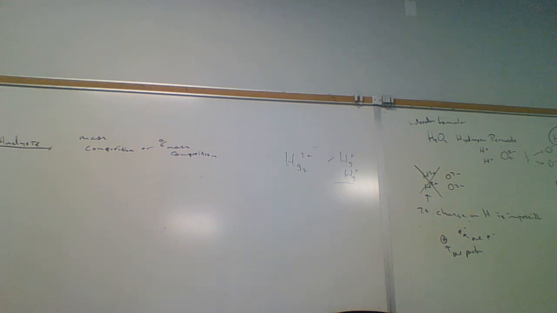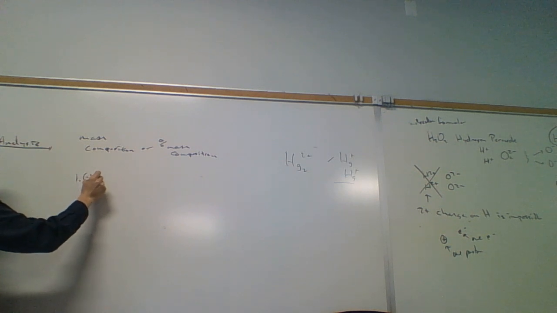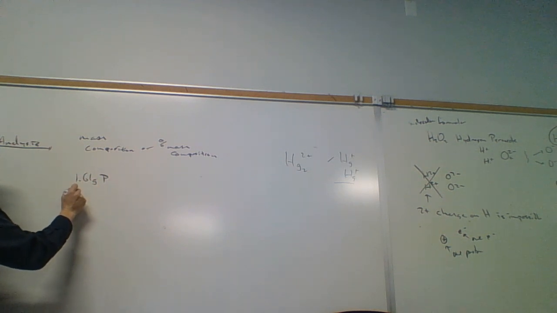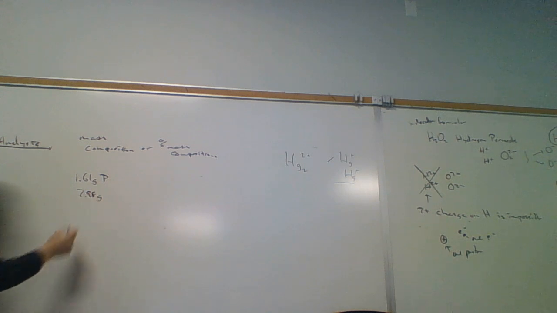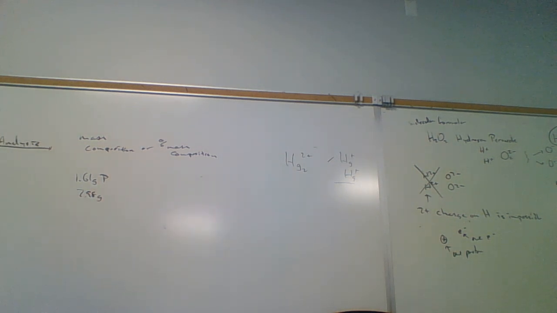In this case, we get the mass composition. In this particular problem, you send out a sample, it comes back as 1.61 grams of phosphorus and 2.98 grams of fluorine.